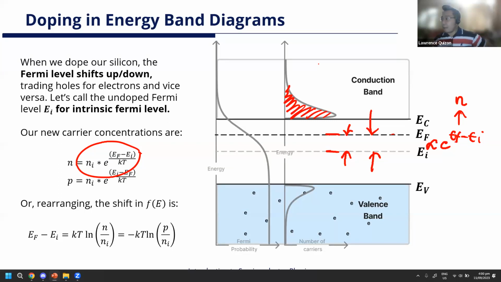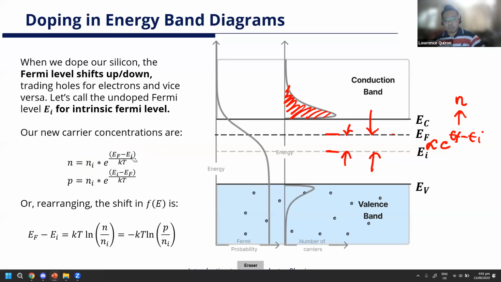Does that make sense? So ginagamit natin yung difference between EF and EI to calculate the number of electrons, carrier electrons, no? Kasi tumataas yung number of carrier electrons kapag EF with respect to EF minus EI, right?